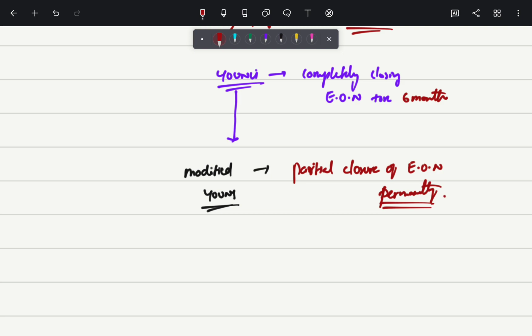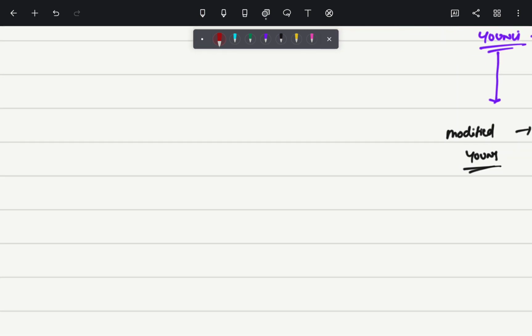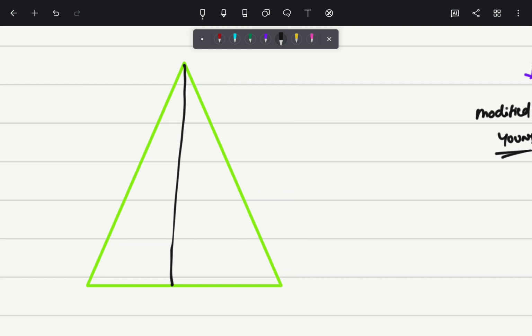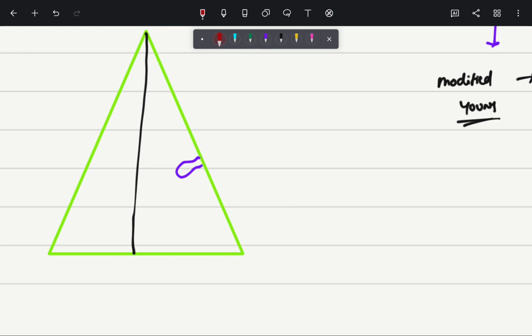Don't worry, we will draw the diagram here. So this is the nose, and this is the midline nasal septum. Suppose this was the turbinate. So here we are partially closing, as you can see, the external opening of the nose, which is done permanently.